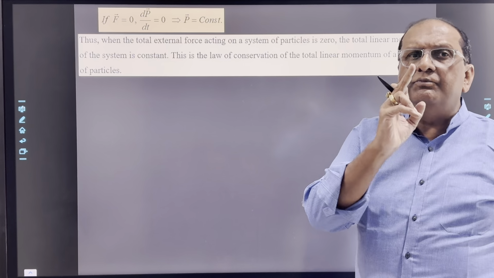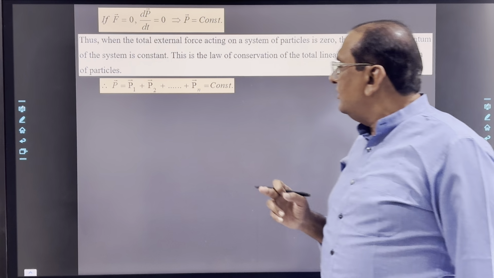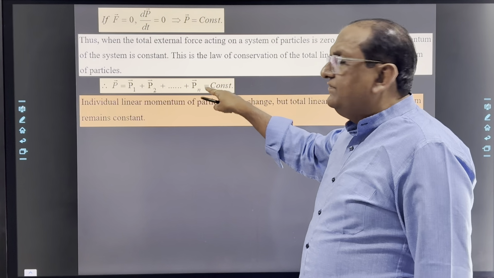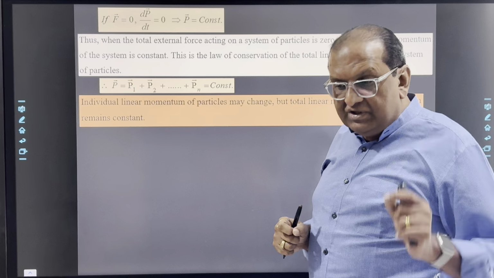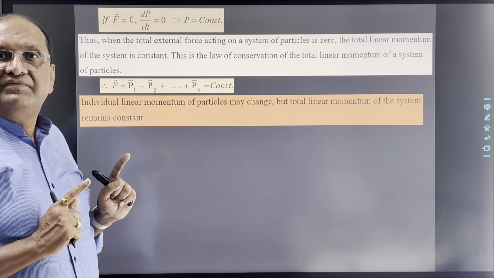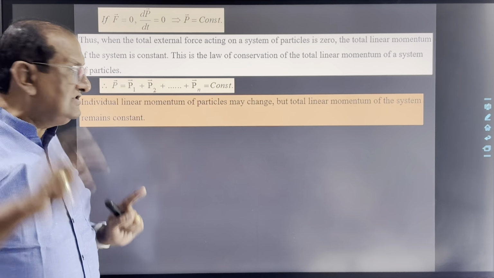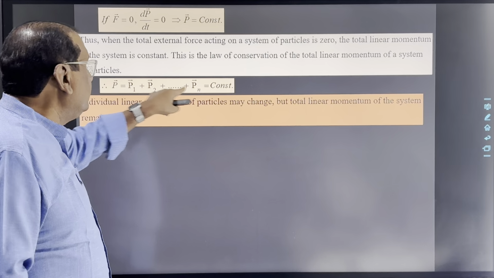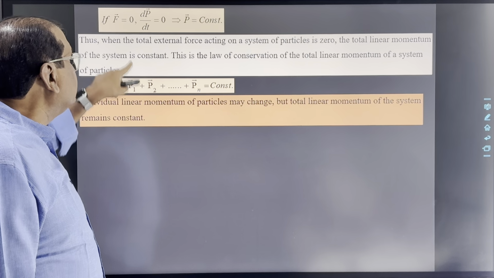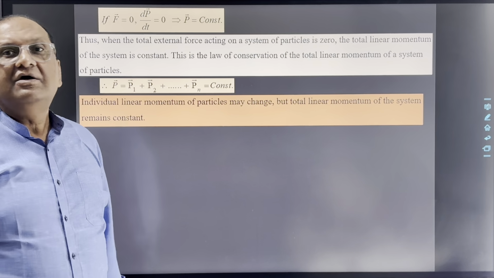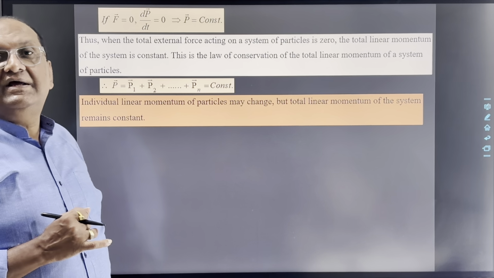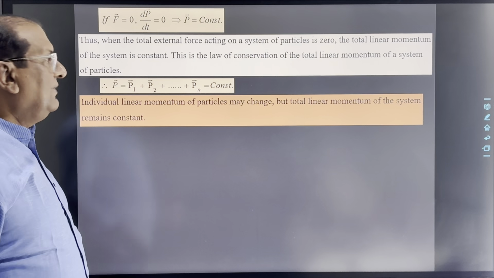But here a very important thing which you have to keep in your mind is that the individual linear momenta of the constituent particles may change, but the change will take place in such a way that this vector summation, meaning the total linear momentum of the system in the absence of resultant external force, remains constant. So we can say this is the law of conservation of linear momentum for a system of particles.